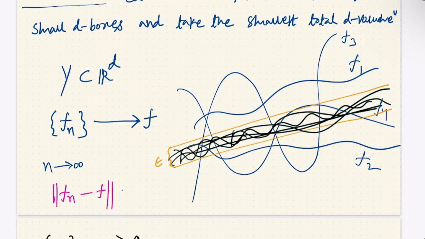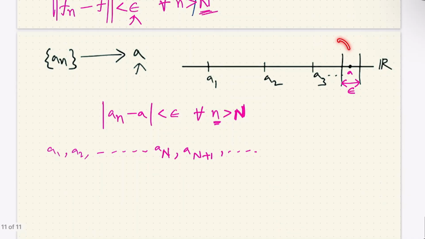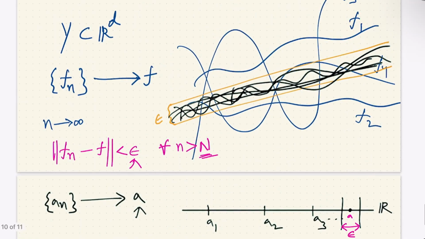The function norm is less than epsilon for all n greater than N. That means for the given epsilon, all the functions after a certain stage fall inside this epsilon neighborhood, but they don't escape. The same as in the sequence, where all these things fall inside this epsilon. So here it is a function definition.